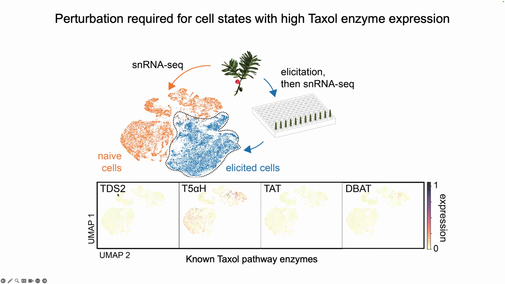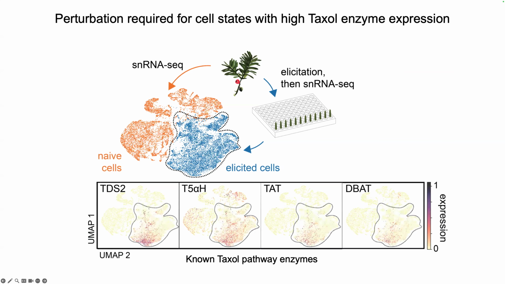This is data showing 4 of the genes in the pathway and vanilla single cell RNA sequencing of a bunch of tissues. It wasn't until we added those perturbed cells in that we started to see high expression. So especially if you're studying stress-related metabolism, I'd recommend the experimental approach more than the analytical approach here.